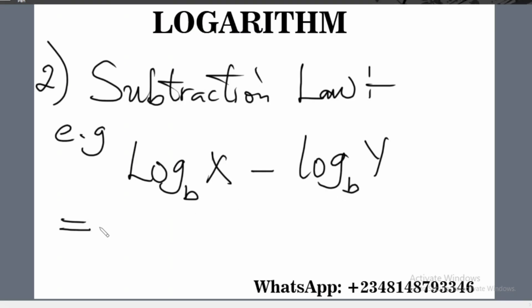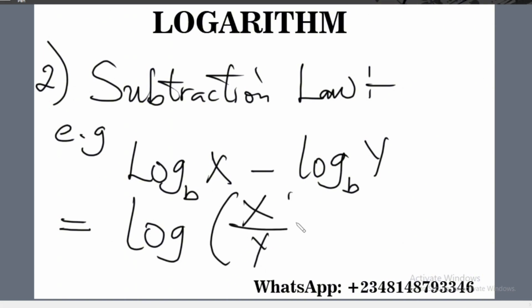So our answer becomes log x divided by y to base b. The law states that if you subtract the logarithm of two numbers with the same base, simply divide the numbers and then take the logarithm of the result. So we've divided the numbers and then we've taken the logarithm of the result.